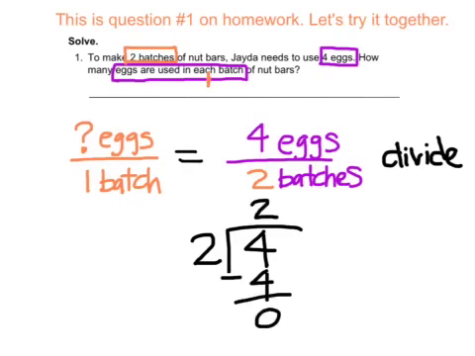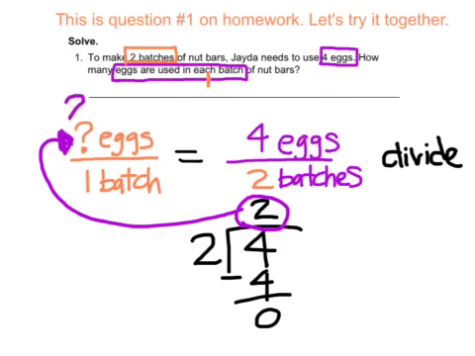It's going to be a perfect match. I get 0 remainder. Now what I'm going to do is take my answer, and it's going to go into my unit rate or my ratio. So now I know that it takes 2 eggs to make 1 batch. So your final answer on your line would be 2 eggs. All you have to do is set up your ratio and then divide. Top in the box.